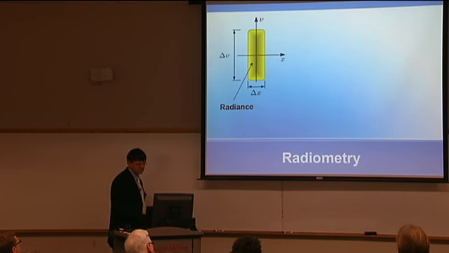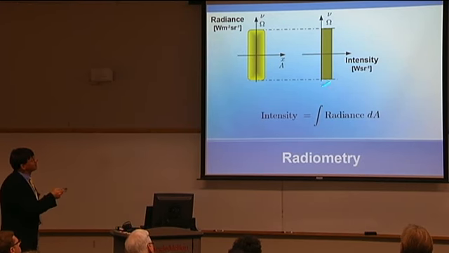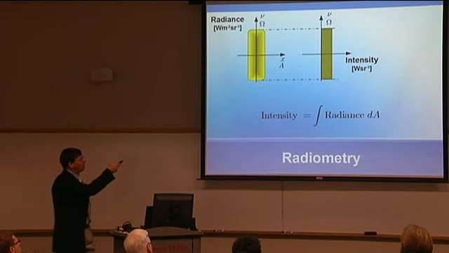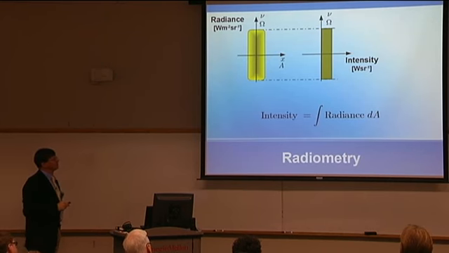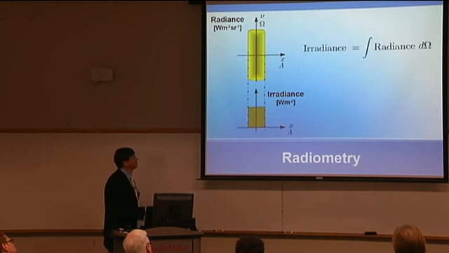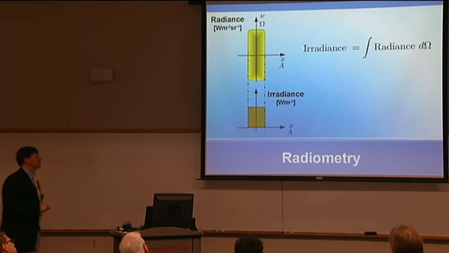Now, one of the things that are interesting is when we integrate this radiance over the entire source, then we get something that, at least in the terminology of radiometry, is often called intensity or spectral intensity. And what the physical optics community often calls intensity is then the irradiance, that is the integration of the radiance distribution over all the angles.